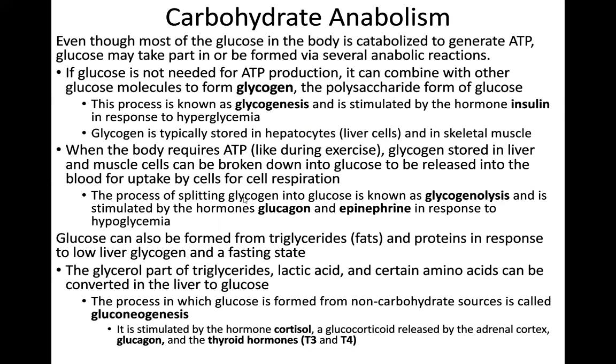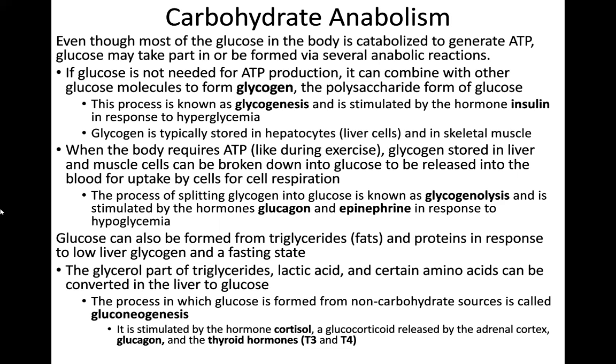And that splitting of glycogen into glucose is known as glycogenolysis, stimulated by hormones glucagon and epinephrine in response to hypoglycemia, which is the opposite of hyper. It's low blood sugar. Remember, I told you guys to remember glucagon is released when glucose is gone, right? Epinephrine, we also have described that several times this semester as adrenaline, right? If you're during a fight or flight response, don't you think we need to make a lot of energy?